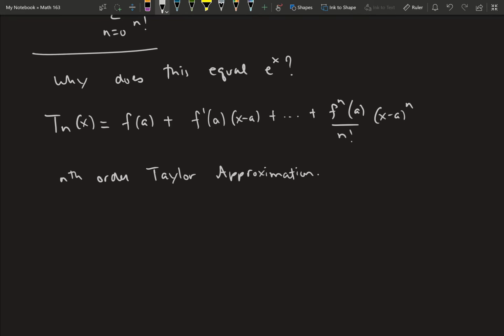So note that the limit as n goes to positive infinity of T sub n of x, that is exactly the Taylor series T of f.